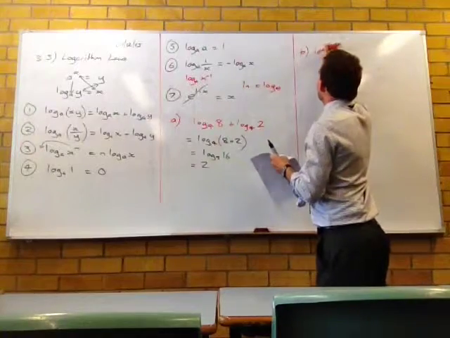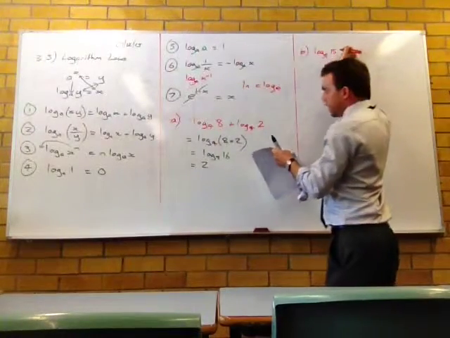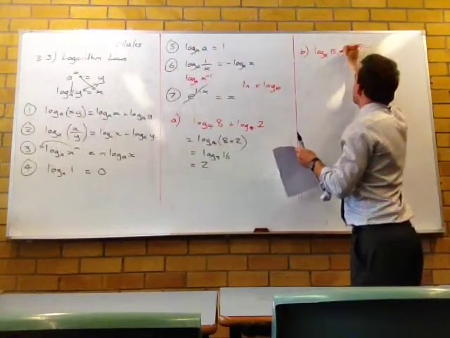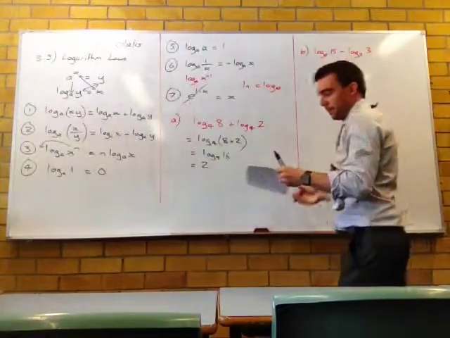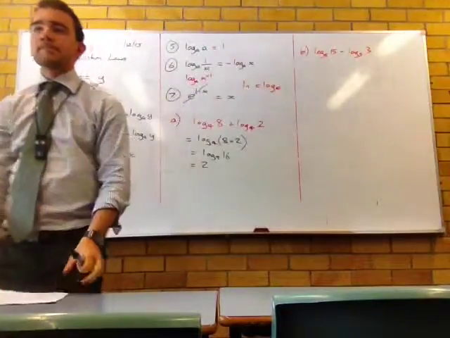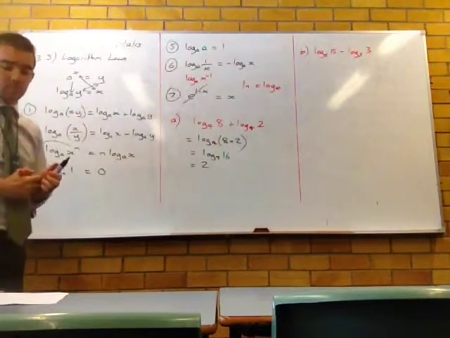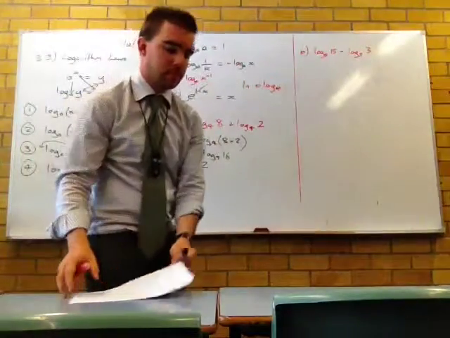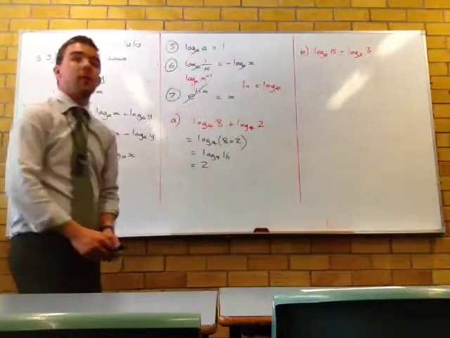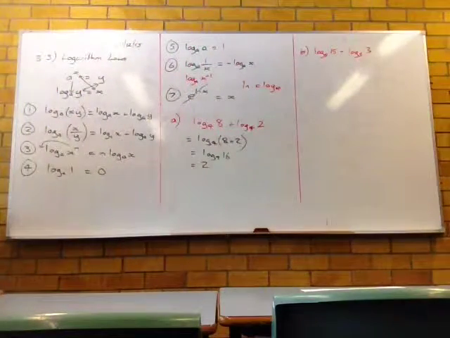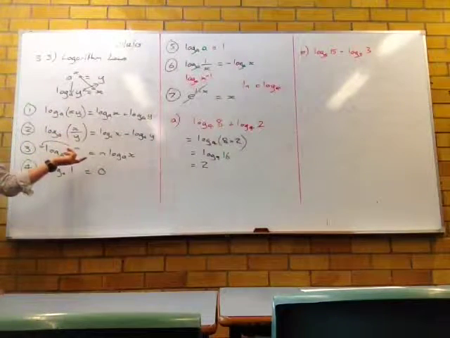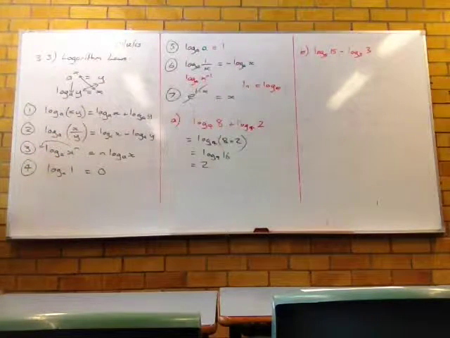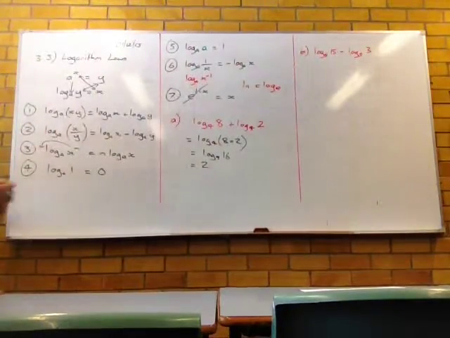Okay, log base 5 of 15, take away log base 5 of 3. Are the bases the same in the logarithm? So, looking back and using your rules here, a subtraction is rule number 2, it becomes a division.